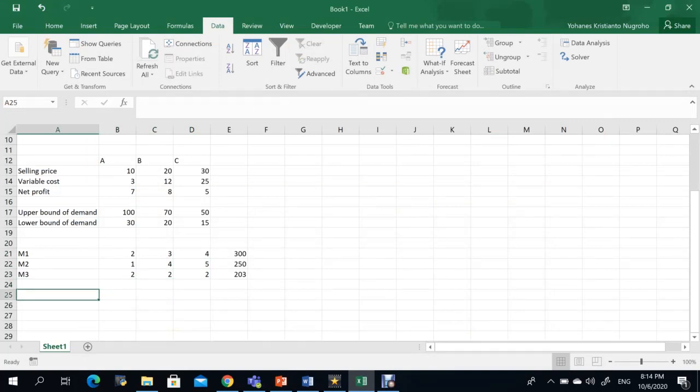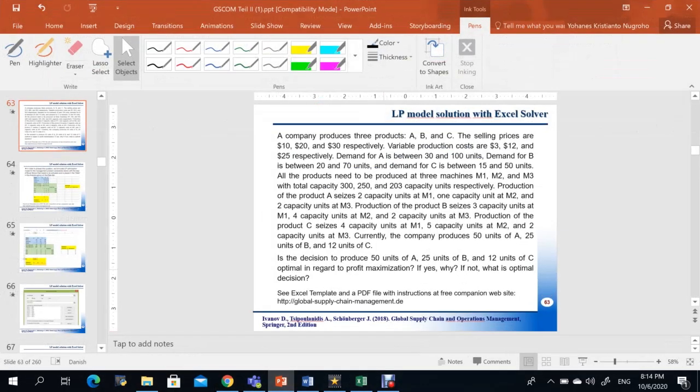Okay, now we go to the profit function. The question is whether the current decision is optimal or not. Alright.